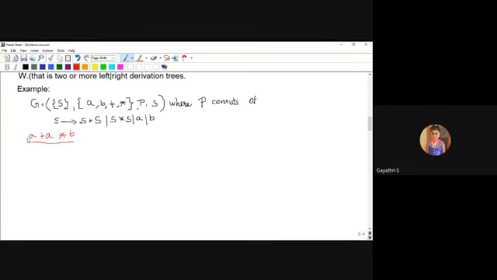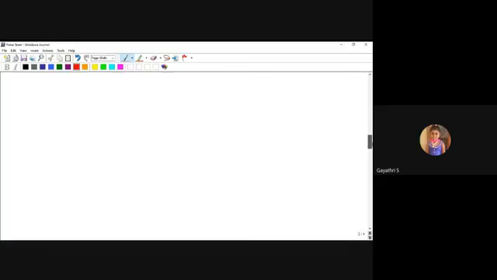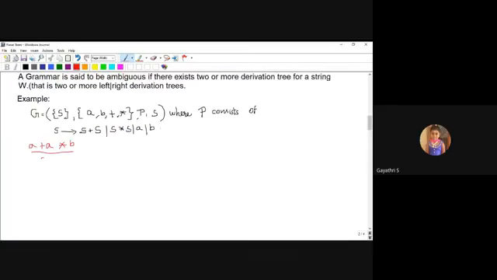Then only will the content be elaborated. First, the leftmost derivation.